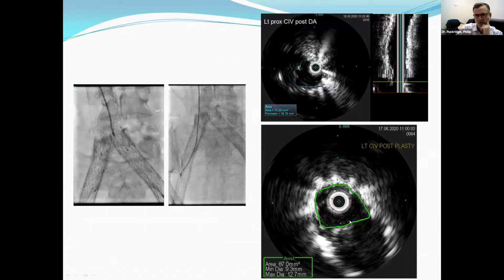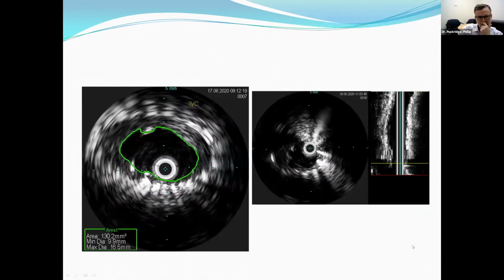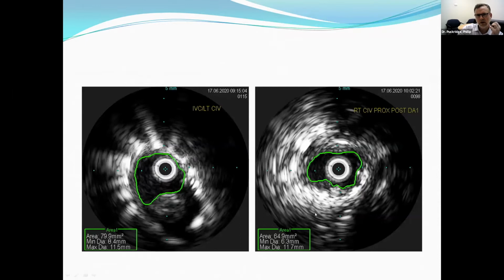And from when we did the atherectomy to angioplasty afterwards, we've increased an additional 12 millimeters squared. But, you know, we're not getting big diameters. We are achieving a reasonable up to 10 mil diameter right at this point. In the IVC, there was some improvement, but minimal change.